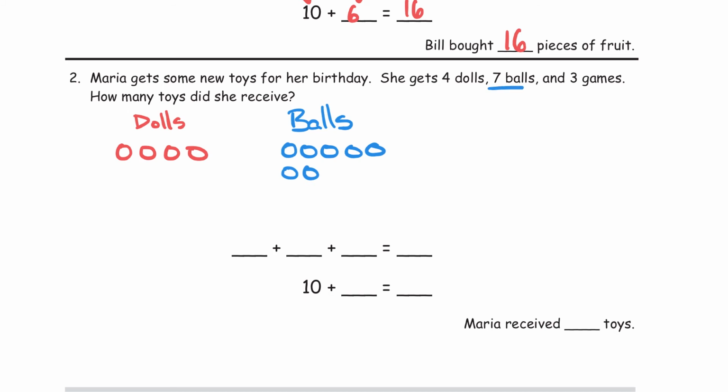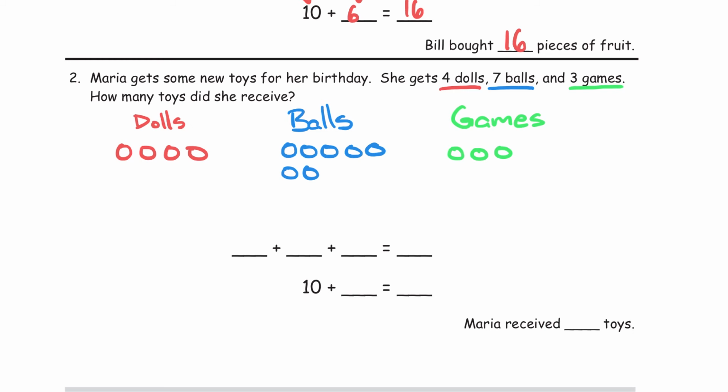And let me underline it right here, just so we can see where I'm getting these numbers from. So we can see that our dolls right here came from 4 dolls. Our 7 balls came from right here in the story. And now we have 3 games. So let me underline that so we can see where that came from. Let's write down games, G-A-M-E-S. And we'll draw 3 circles. 1, 2, 3.